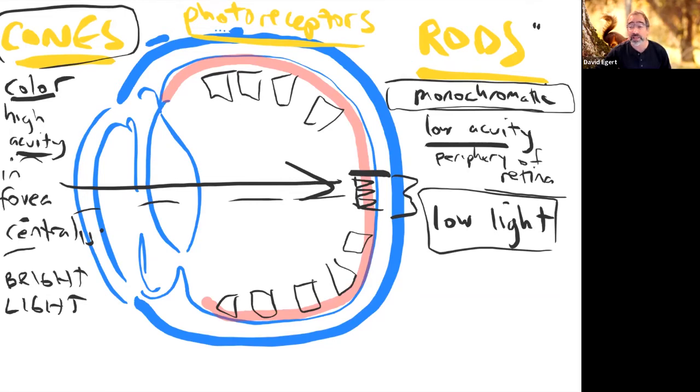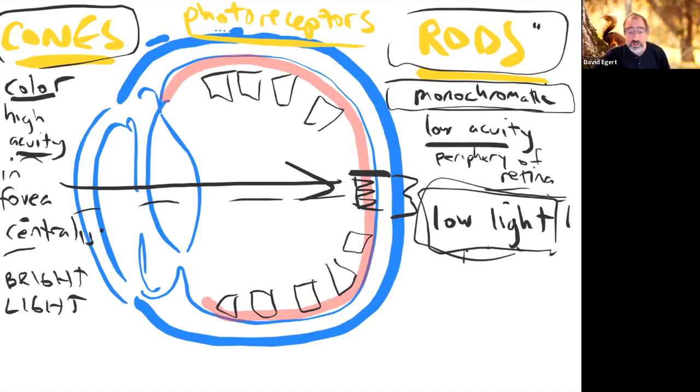Trees are still green at night. It's just that when you're looking at a tree with rod vision, which are the only ones functional in low light, they don't have the ability to tell you that the tree is green, right? The tree doesn't turn gray at night. The tree stays green at night. It's just your ability to detect green goes away.